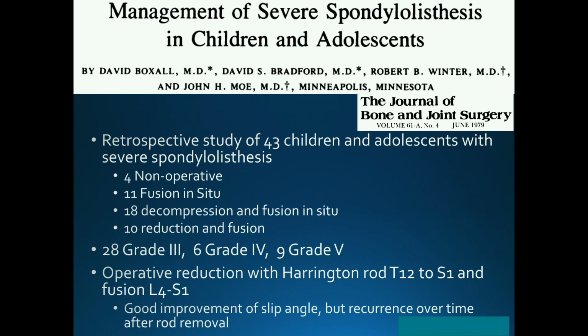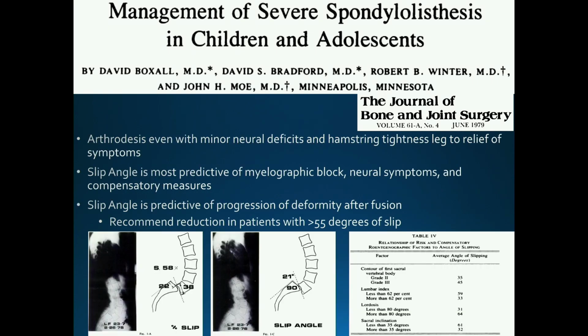And this goes back to, I think, David Bradford, who's mentor to many of us here, and Bob Winter when they were back in Minnesota, really looking at patients with severe spondylolisthesis, so patients with grade 3, 4, even grade 5 spondylolisthesis. And the fixation back at this time was mostly Harrington rods, distraction, and there was a high incidence of rod breakage and a high incidence of postoperative problems.